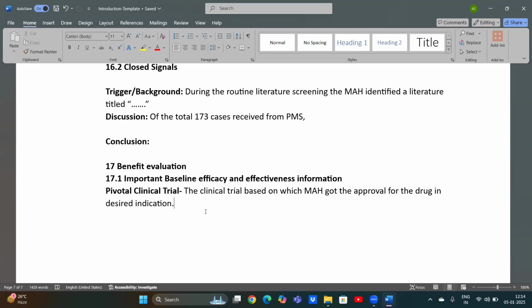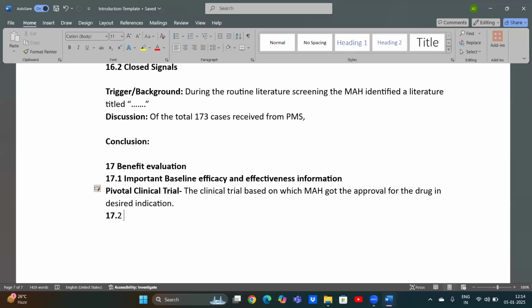Got it? It means the efficacy and effectiveness information that you have at the start of the reporting period. That is your baseline efficacy information.